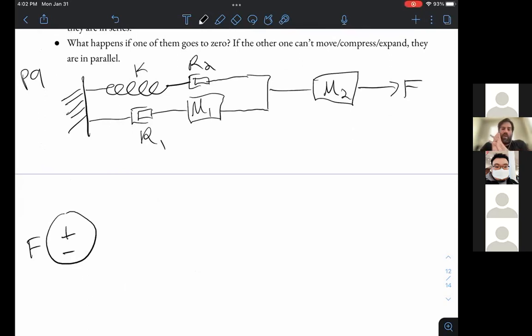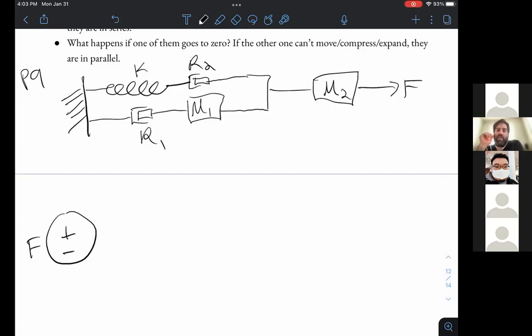The most useful one in my head of all those four questions to ask myself is, what happens if that goes to infinity? What if that thing gets glued to the page? How does that affect all the other components? If I send that mass to infinity, it becomes a black hole, it can't move.